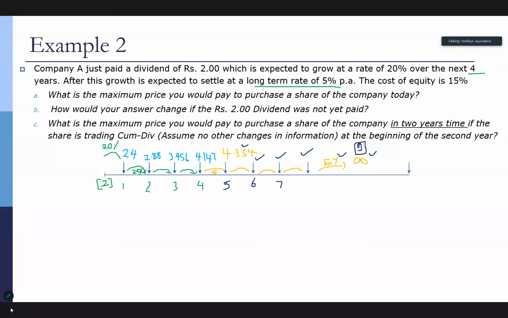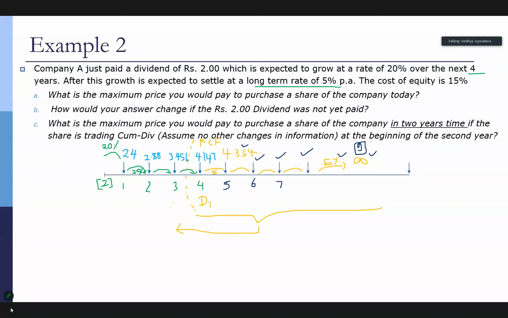D0 being year 3 and D1 being year 4, these are my future cash flows. So if I apply, that's the first point, and from that point onwards any point is correct. So 4.147 is D1. What is the present value of my future cash flows? All of these future cash flows are going to be considered.